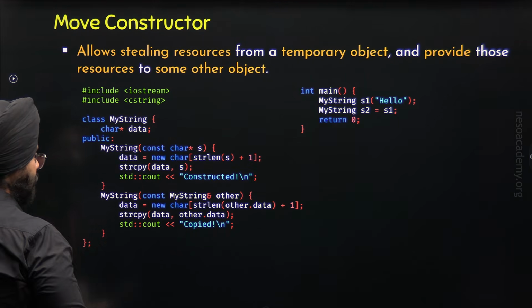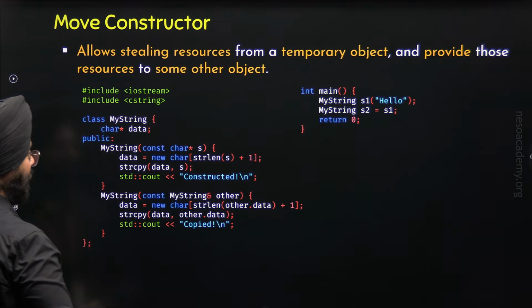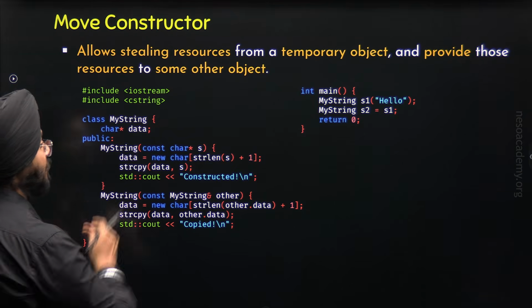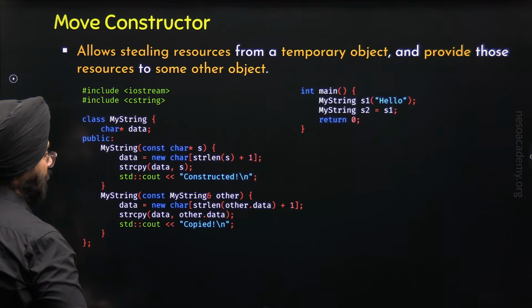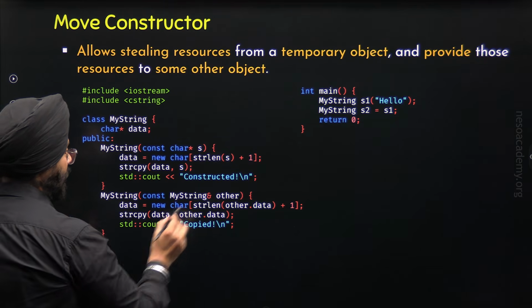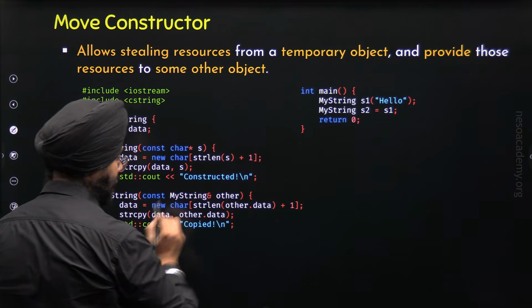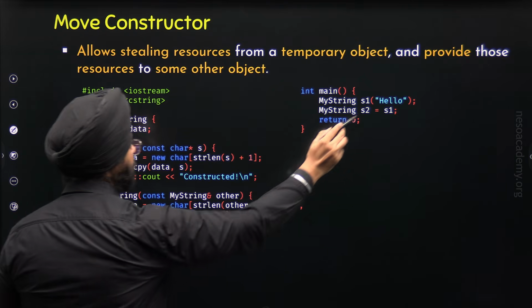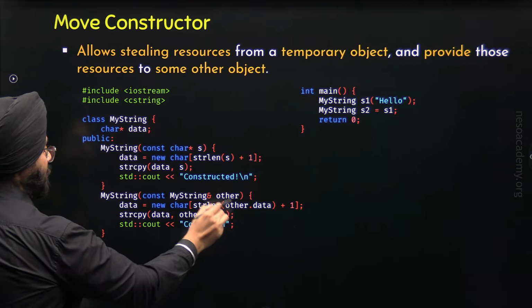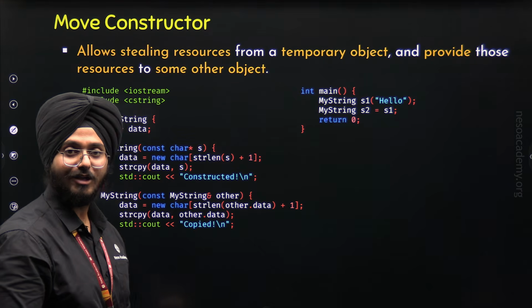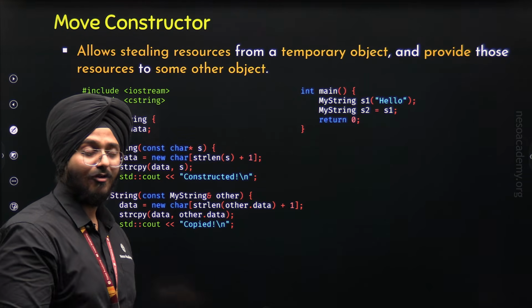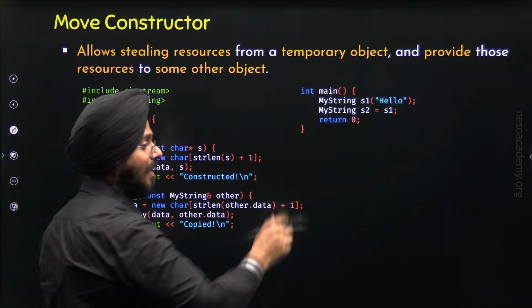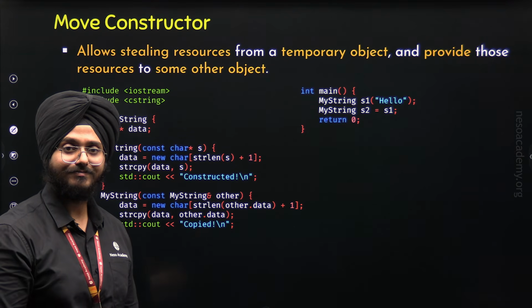Within these braces, I have written this line. This line allows us to create a new array with this specific size. Here to the strlen, I have passed other.data. We know other is the reference to s1. So we know this is s1.data. Now we know that s1.data is pointing to an array which has this string hello along with the null character.